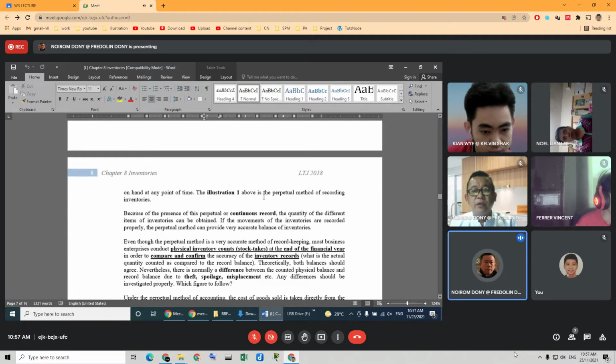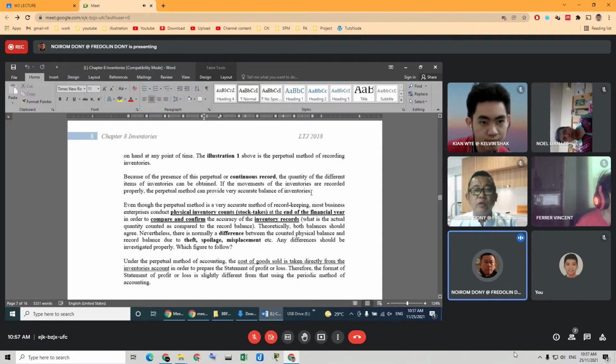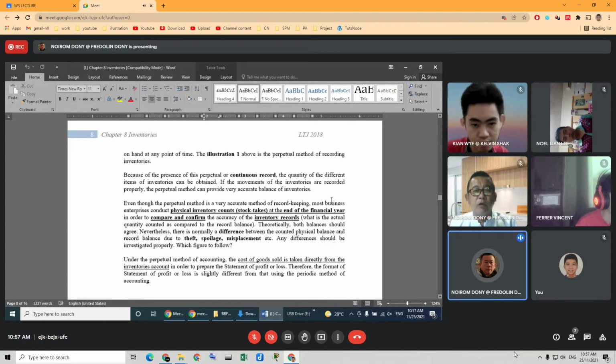So we have the illustration one just now to reflect the perpetual method. So because of the presence of this perpetual continuous record, the quantity of different item inventory can be obtained. So if the movement of the inventory are recorded properly, the perpetual method can provide very accurate balance of the inventory.